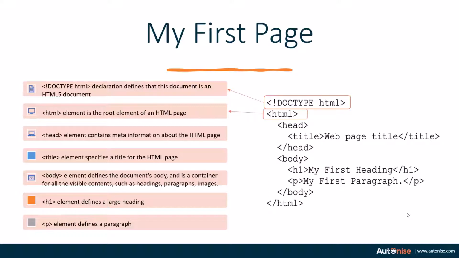Next is the HTML tag. The HTML element is the root element of an HTML page. All of the content of your web page will come inside the HTML element. Next, there is the head element. The head element contains the meta information about the HTML page.